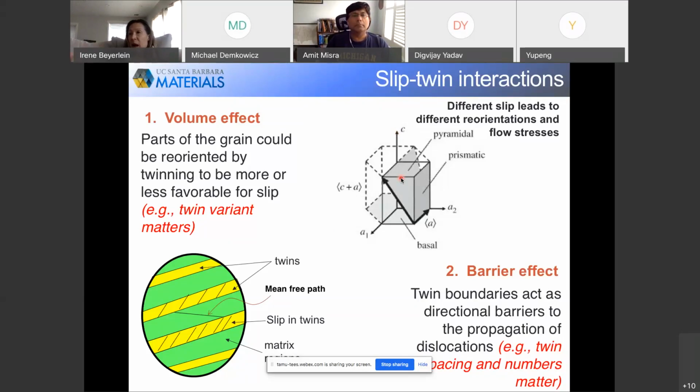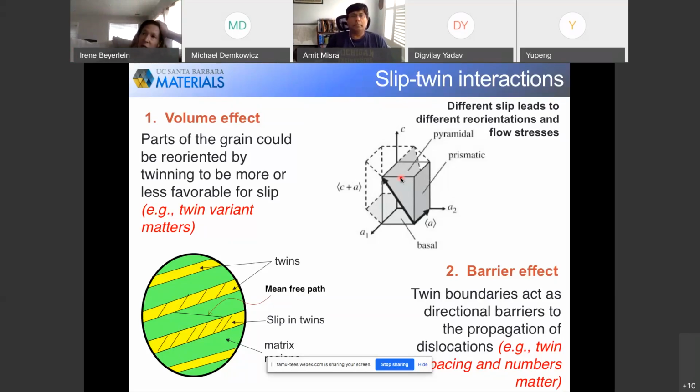If I apply the load such that I extend the c-axis, then I am making that crystal prone to extension twinning, because the grain would need to extend its c-axis.